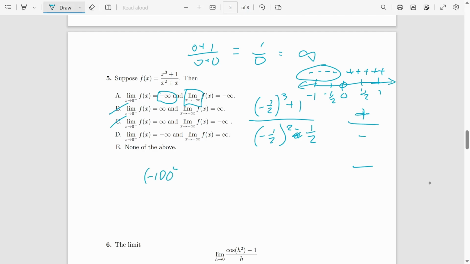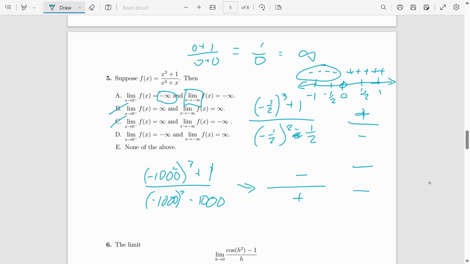Negative 1,000 cubed plus 1 over negative 1,000 squared minus 1,000, something like that. Again, you don't have to solve the entire thing, just figure out what's positive, what's negative. So looks like the top will be negative a billion, so that'll be negative on the top. On the bottom is a million minus 1,000, which is positive. So that ends up being a very negative number.